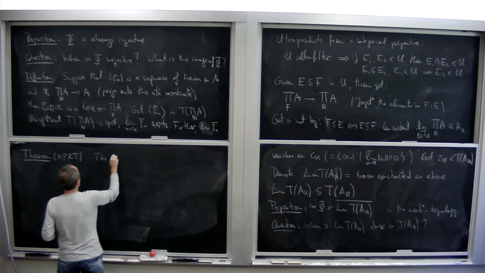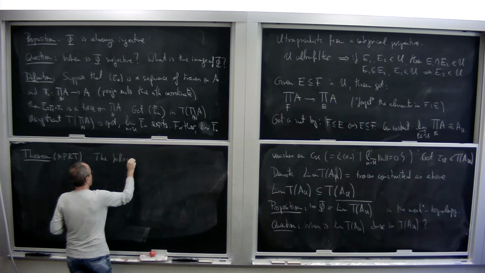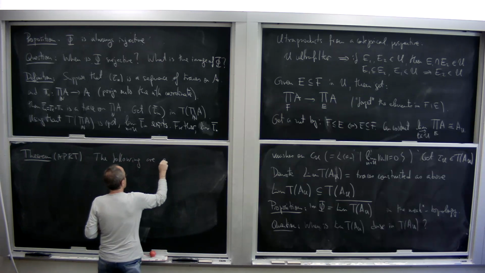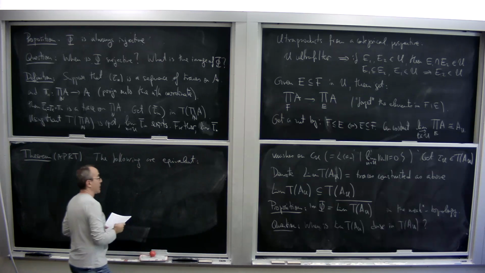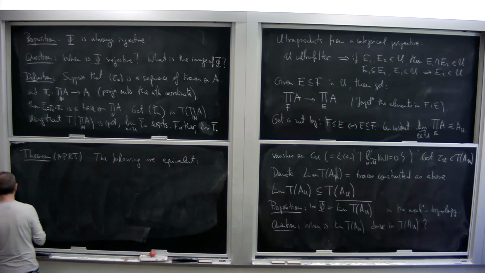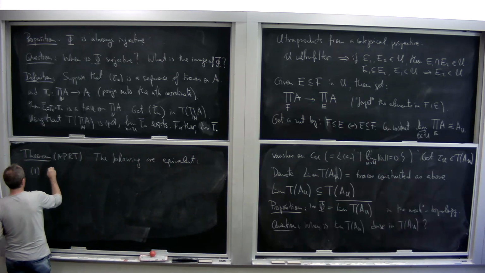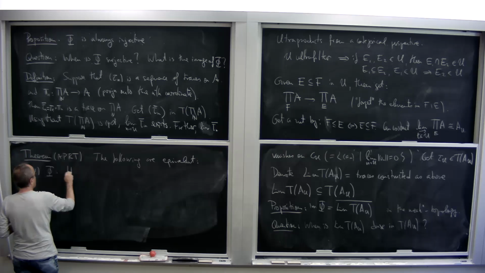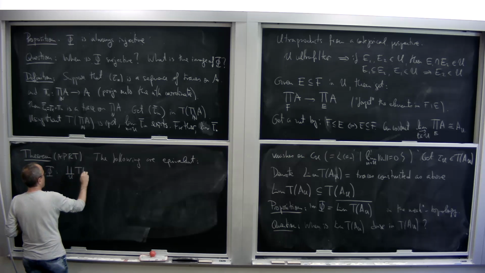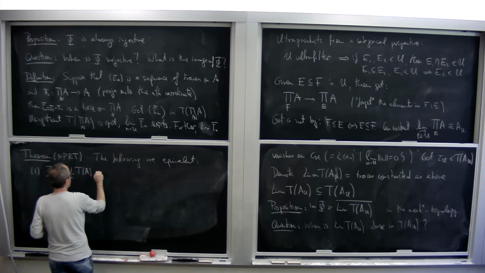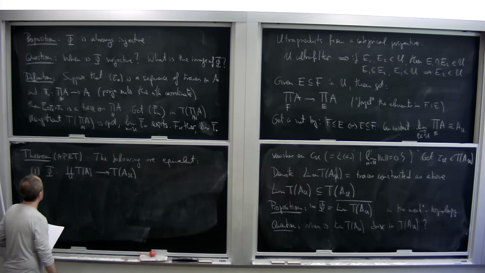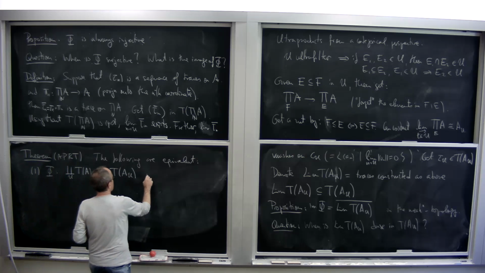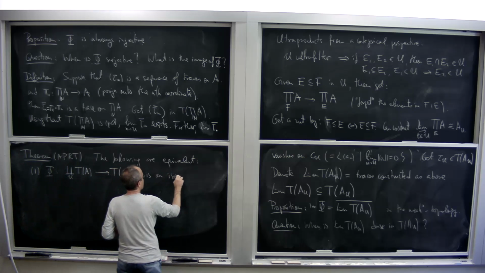So the following are equivalent. The first condition is that, well, I will just repeat this, from the ultra coproduct of the trace space to the trace space of the ultrapower, this is an isomorphism.